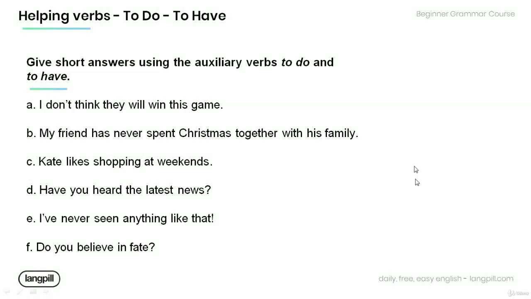Now read the following sentences and give short answers using the auxiliary verbs to do and to have. A. I don't think they will win this game. B. My friend has never spent Christmas together with his family.